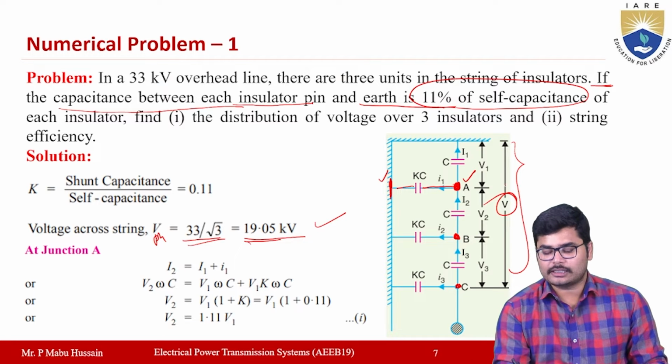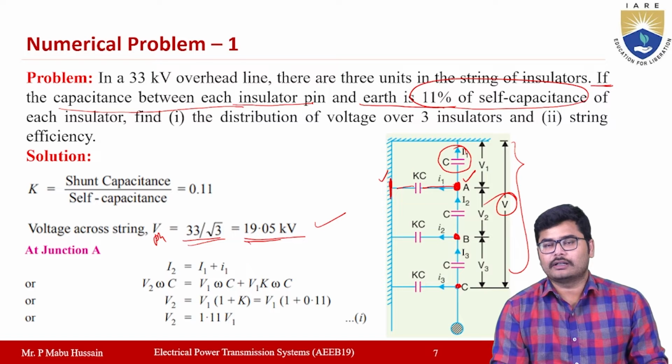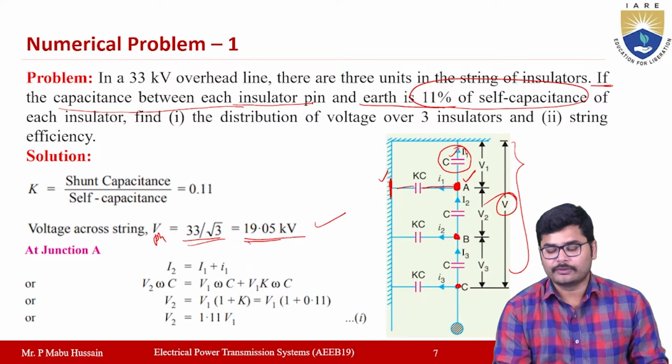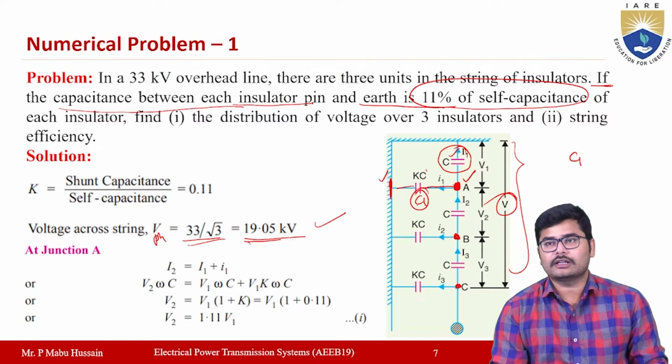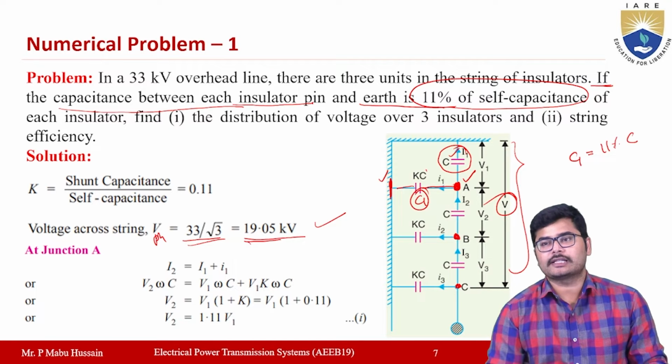Self capacitance means the insulator capacitance, which is C here. For the self capacitance of each insulator disk, we assume it to be equal to C. Now, this is C1, the pin to earth capacitance, and they are saying that C1 will be equal to 11% of the self capacitance.